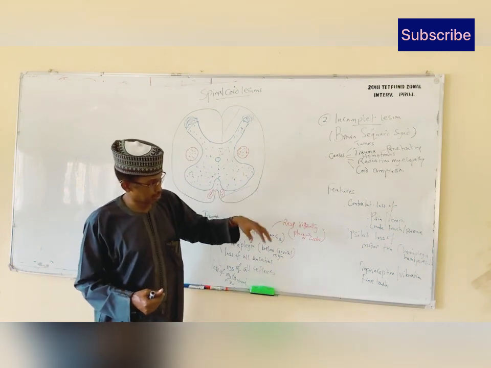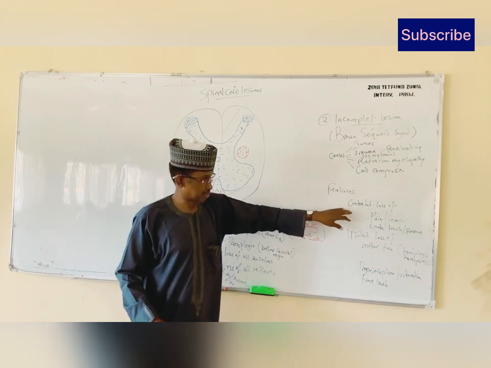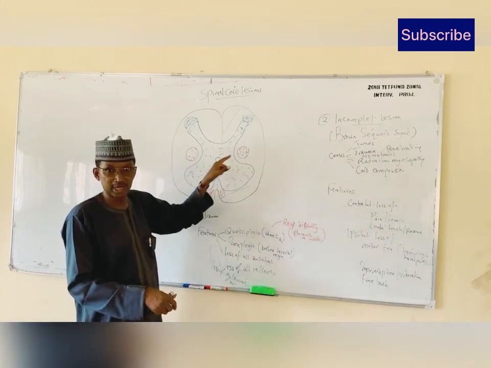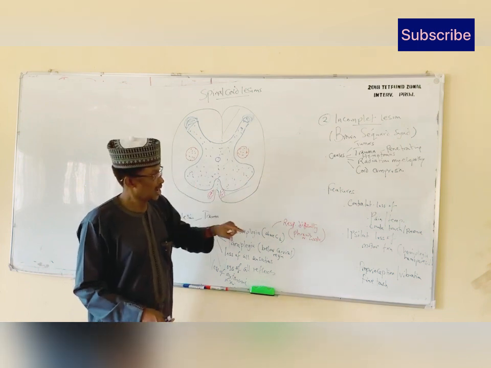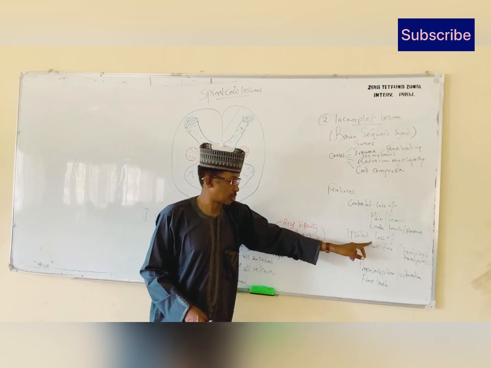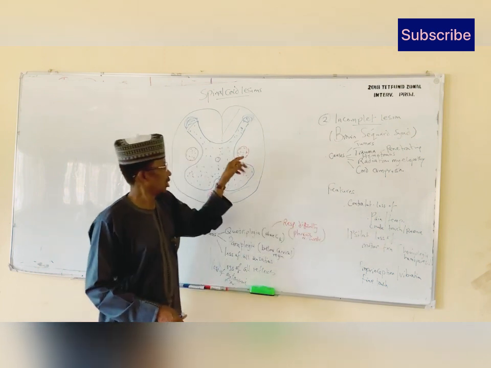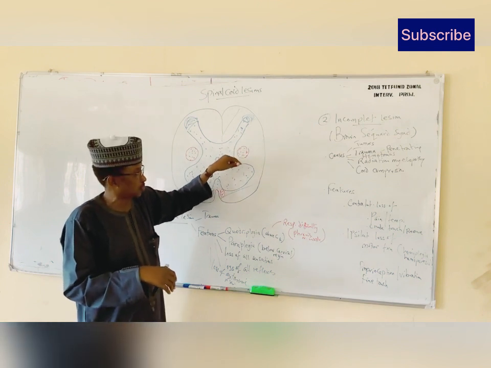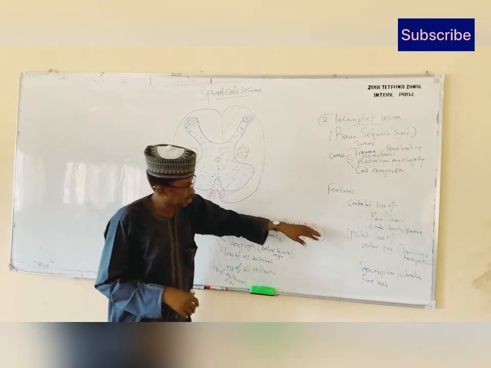And once somebody has that, there is contralateral loss of pain and temperature because of the crisscrossing of the fibers from the left to right or right to left. And so crude touch and pressure, the same thing. And also there's ipsilateral loss of motor function because after the decussation, you have this lateral corticospinal tract of that side being involved.